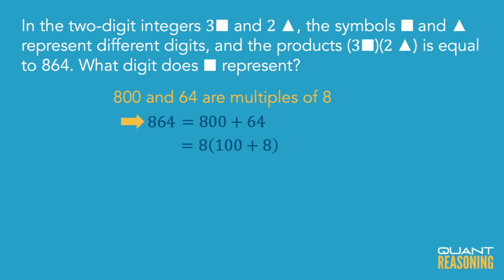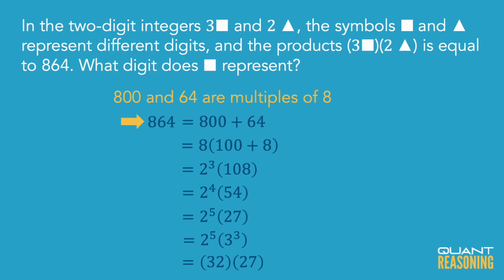So 8 times 108, and then keep working down from there. Of course, 8 is 2 cubed, and 108, divide that into 2 times 54. 54 splits into 2 times 27. 27 is 3 cubed. So now we can write down the prime box of 864. I'm counting a total of 5 2's, right? It's 2 to the power of 5 times 3 cubed.